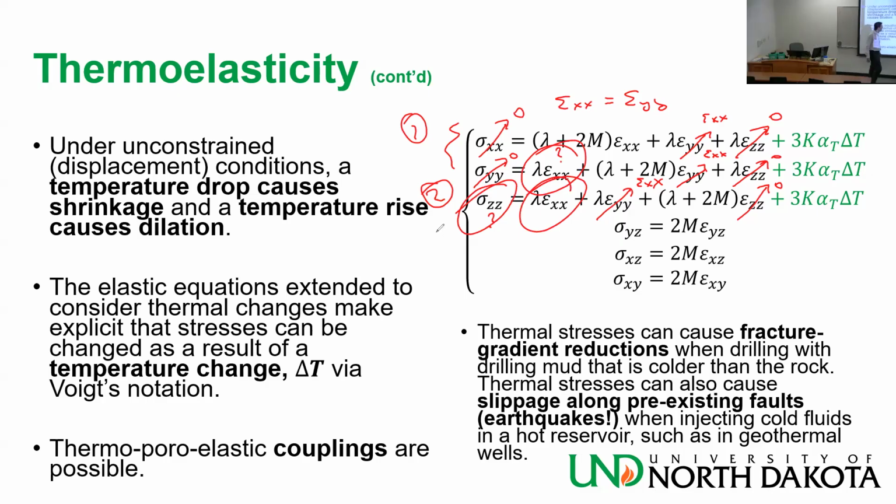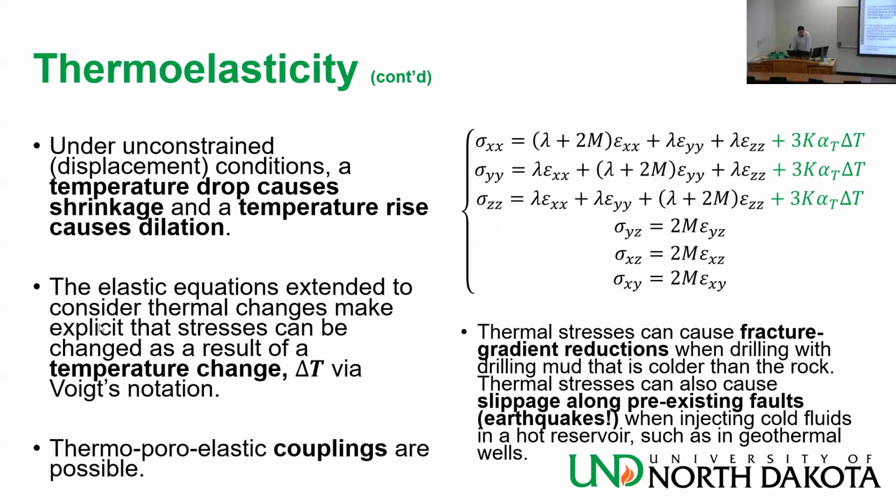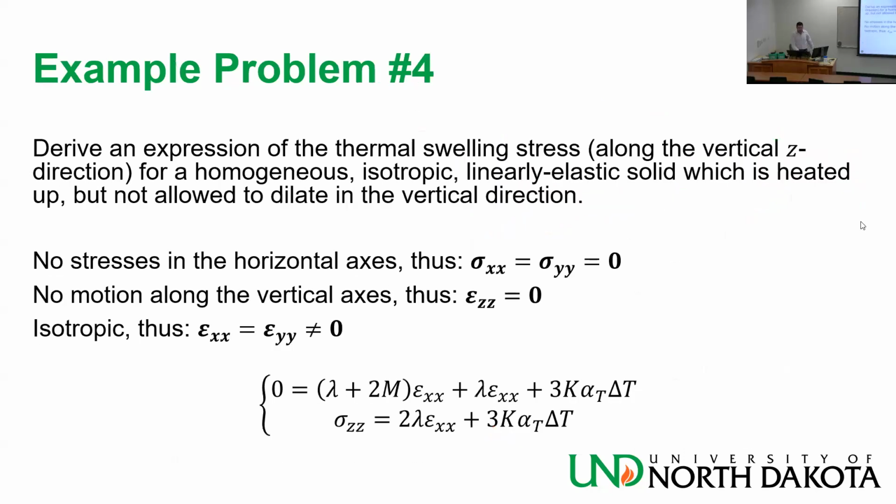And I'm trying to solve them so that I can calculate an expression for the thermal effects, basically. So I have those two equations that I wrote down. The first two equations lead to this.